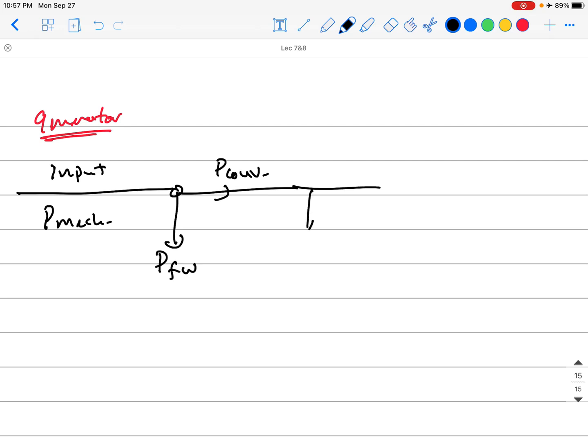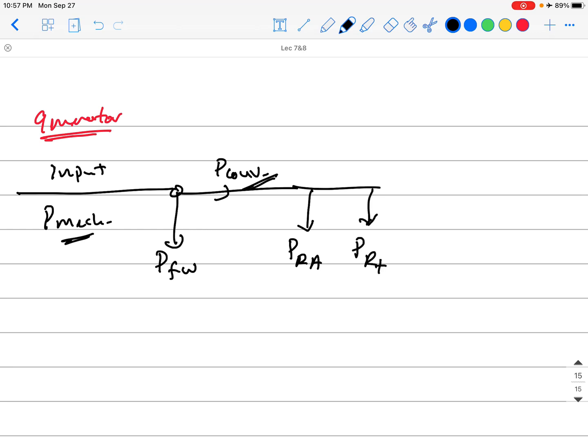And from this converted energy, you will lose some of it as copper losses, because this mechanical energy is now converted into electrical energy. So this converted energy is electrical now. Okay? So you lose some of it on the copper winding of the armature, and some of it on the copper winding of the field.